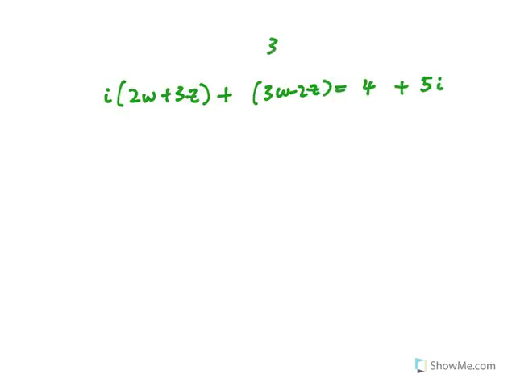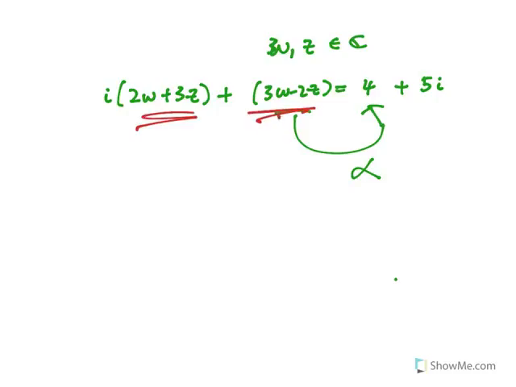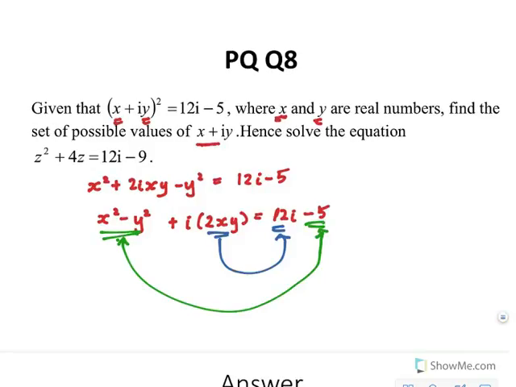But if w and z are complex numbers, can I say this equals this? No, because the real and imaginary parts are not clear. We can only compare if the parts are real. We've seen this before in our lecture question.